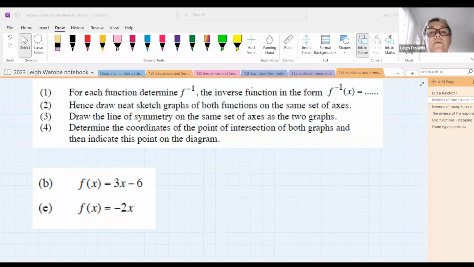Okay, so Kabelo, yes, 100% you can do that. Just to answer your question you put in the chat. Yeah, so there's E. E is f of x equals minus 2x. Slindo, let's have a look at your answers. There we go. Good. Well done.